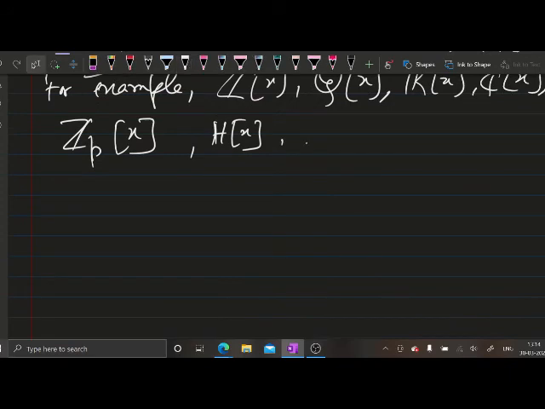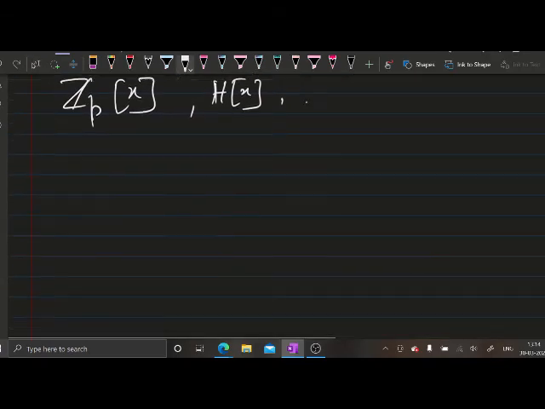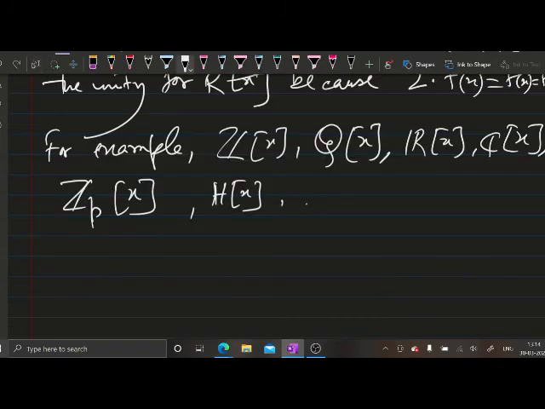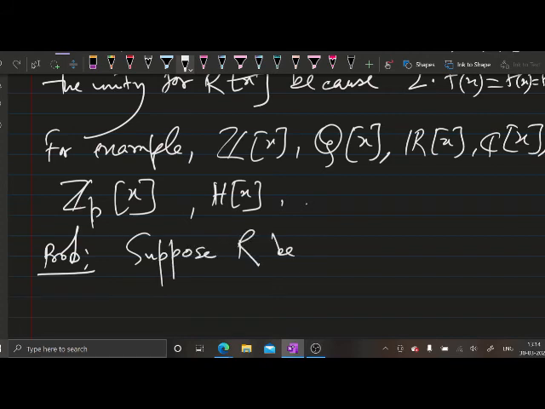Now the question is, suppose R is an integral domain. Here we have assumed that an integral domain is a commutative ring with unity having no divisor of 0.